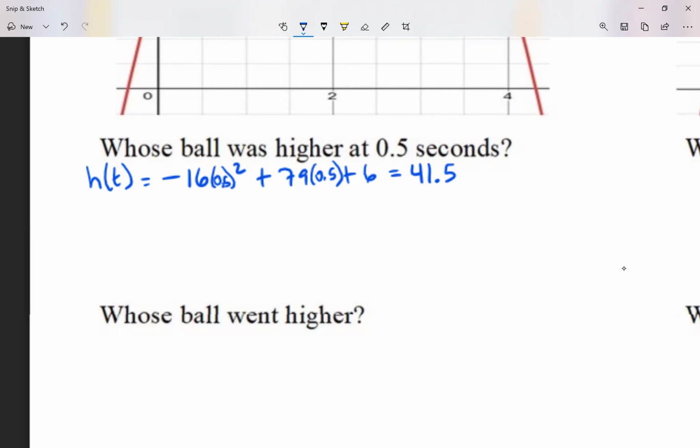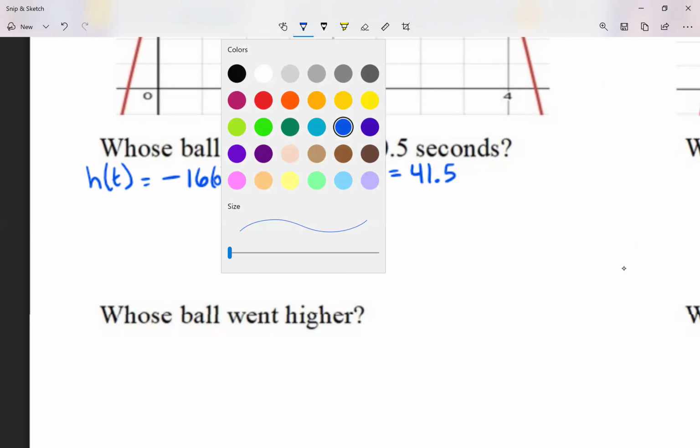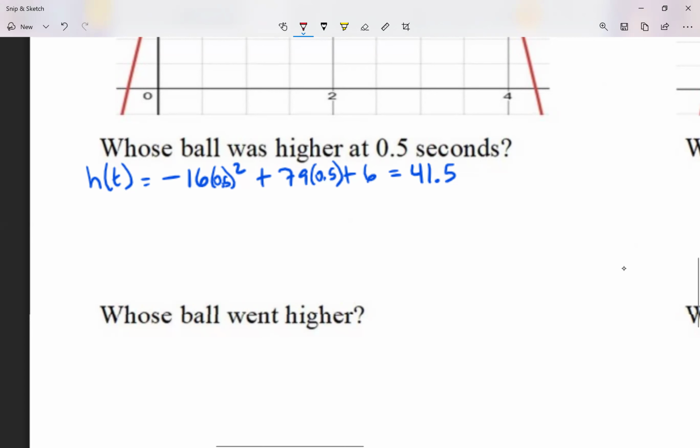When Brett throws the ball, after 0.5 seconds, this ball is 41.5 feet high. So I know the height of Brett's ball. Good, I'm good on that one. Now for Andre. Let me label this in blue. That is Brett.